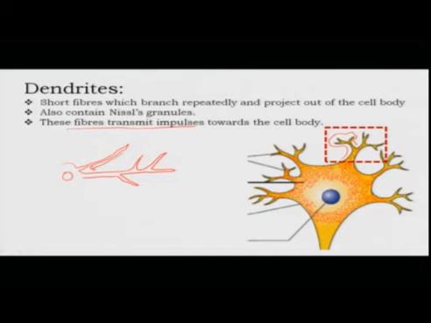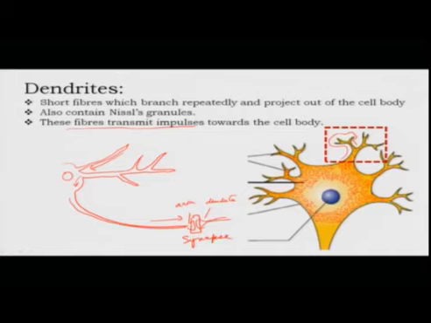The nerve impulses usually travel from the tip of the dendrite or from one point in the dendrite towards the cell body, and then from there they go on to the axon until they reach the end of the axon, and from there they actually go on to the dendrite of the next neuron. So, this is the axon, this is the dendrite of the next neuron, and this is the synapse which I mentioned before.